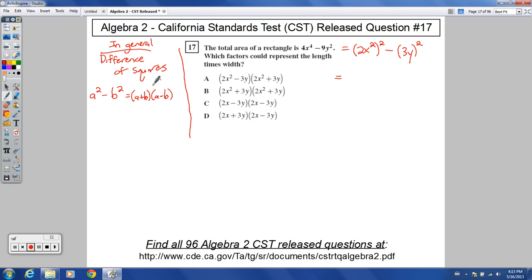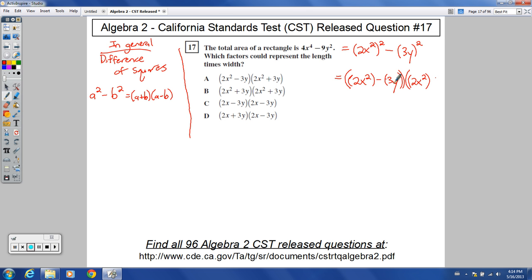And so now I'm just going to do this sort of thing. I have a minus b, which is 2x squared for a, minus b, which is now 3y here. I have that times a, which is 2x squared here again, plus 3y. It really doesn't matter if I put a minus sign here and a plus sign here or vice versa. I'll keep it consistent just so we don't get unnecessarily confused.